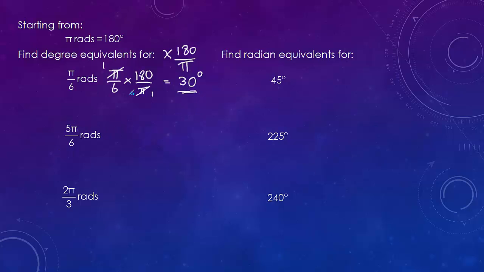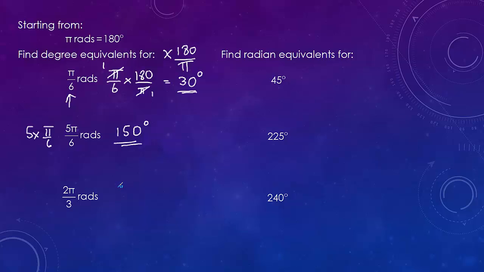Now, I could do the same here, multiply by 180 over pi, but I've got pi by 6 here giving me 30, so 5 pi by 6, remember, is 5 multiplied by pi by 6, so straight away I can say that's 150 degrees, just 5 lots of 30 degrees.